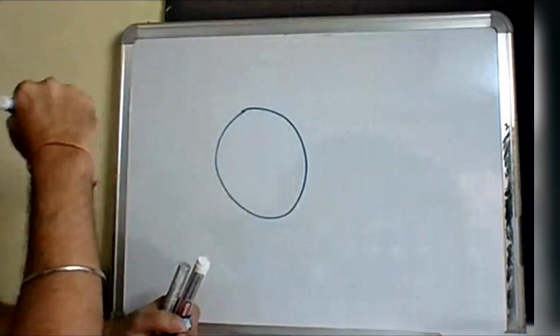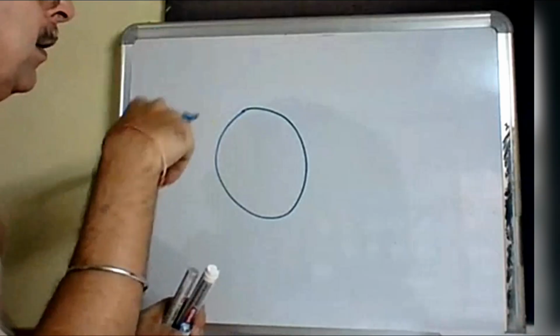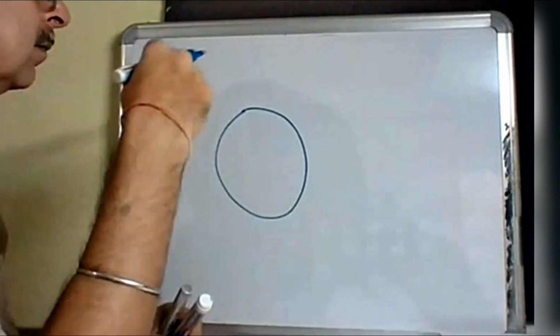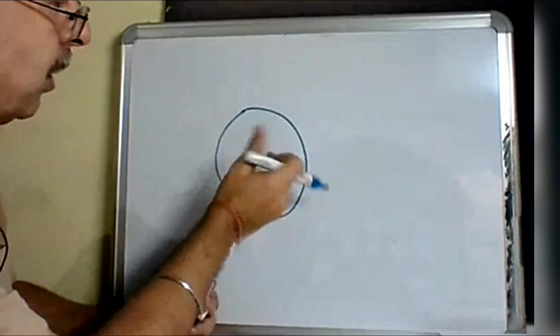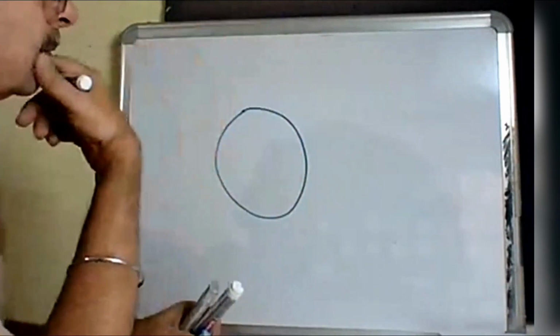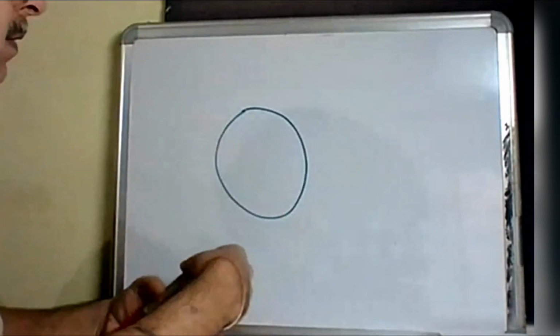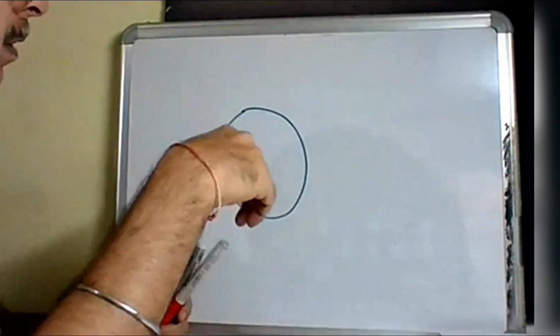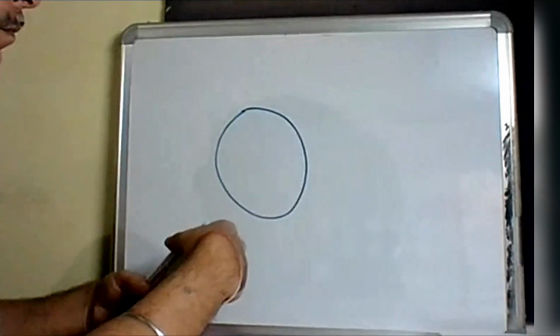Supposing this is the earth, and the earth is rotating around its own axis. And then you have the position of the heavenly bodies also.